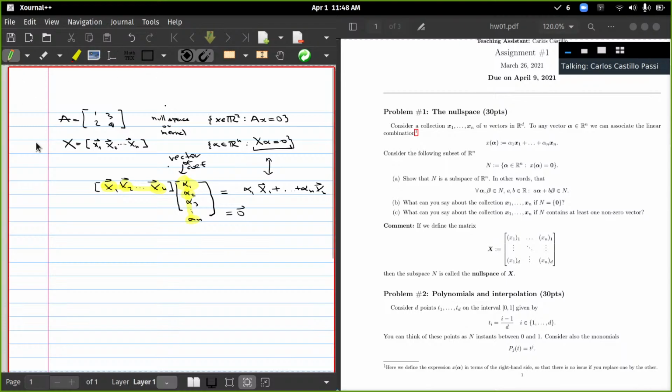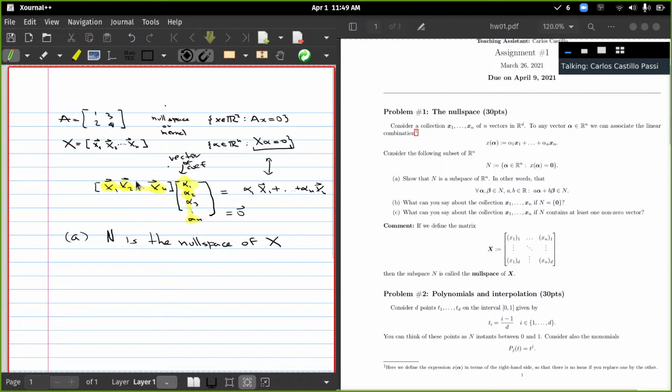And how does this translate to the questions? So for example, question A is to show that N, that is defined as the set of all the alphas, given that X evaluated in alpha is equal to 0, that means that N in this question is the null space of X. You can see it also in the comment here.